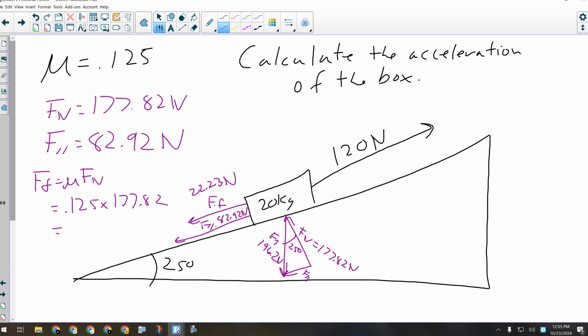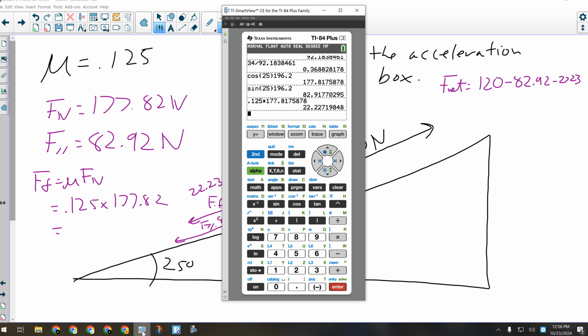Okay, I've got my forces down the ramp, got my forces up the ramp. What do I calculate now? Net. Yeah, I need the net force because without that, I can't calculate the acceleration of the box. So 120 minus 82.92 minus 22.23 should give me my net force. That's up minus down.